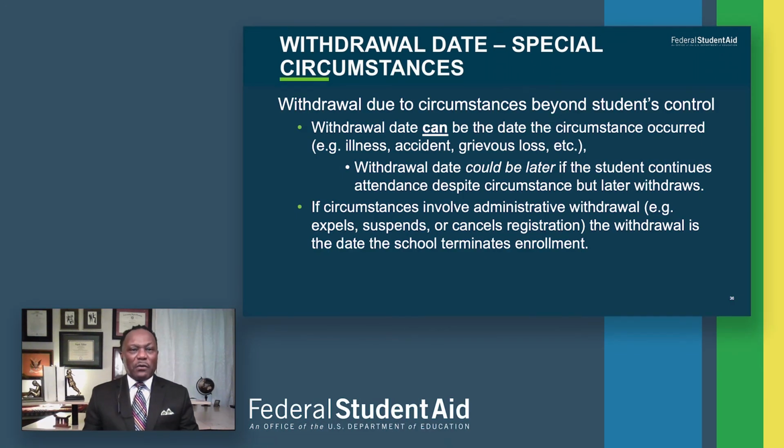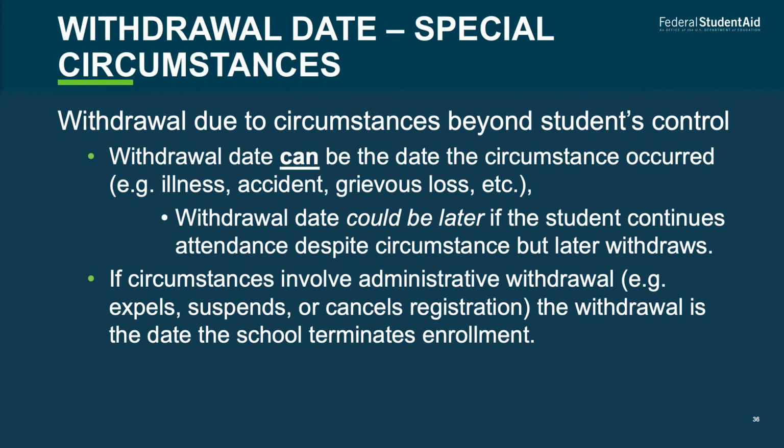There are some special circumstances. There are other times when the student does not officially withdraw, but special circumstances beyond the student's control can warrant a withdrawal. Here we show some examples, such as an illness or an accident that prohibits the student from continuing attendance. In these cases, the withdrawal date can be the date the circumstances occur.